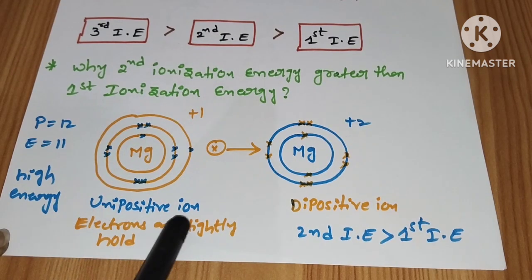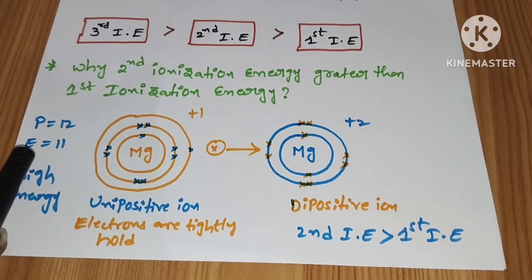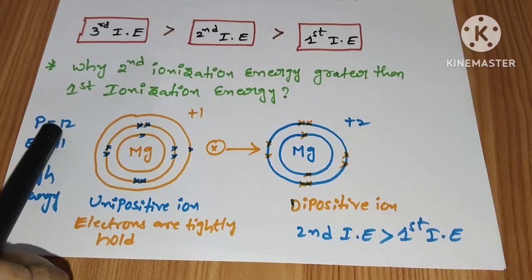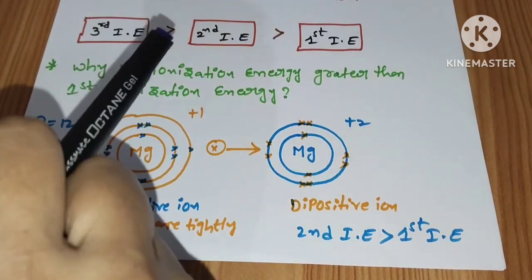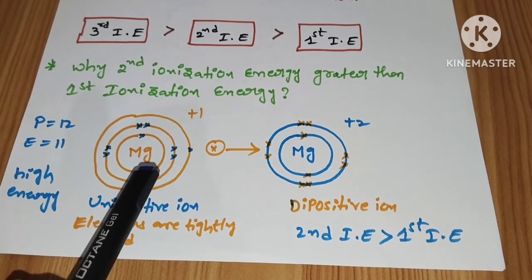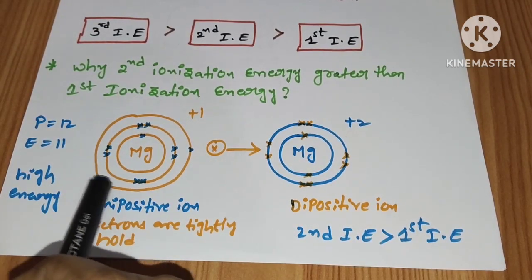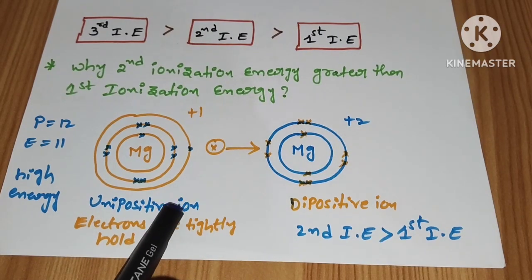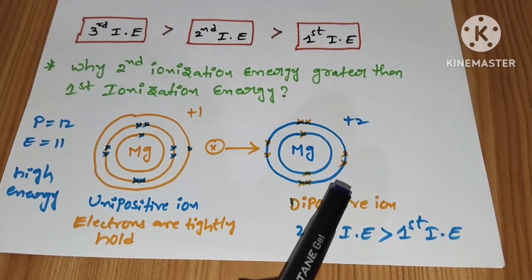Here the unipositive magnesium ion has 12 protons and 11 electrons. Due to this, nuclear attraction increases and electrons are tightly held by the nucleus. So, we need very high energy to remove an electron from the unipositive ion. And therefore, second ionization energy is greater than first ionization energy.